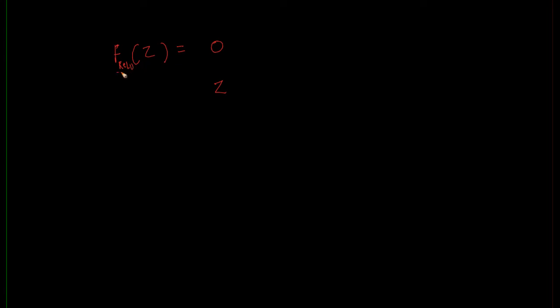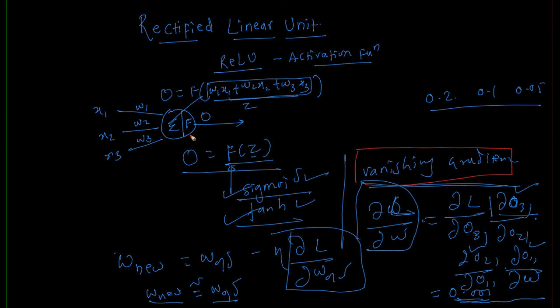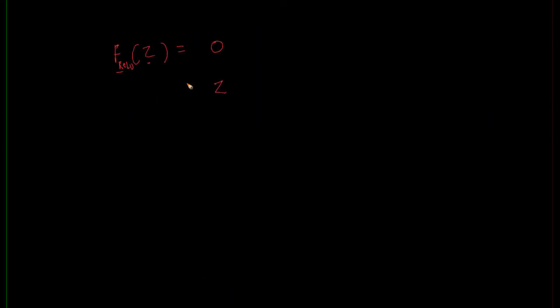When we apply ReLU on z, where z is nothing but this sum, we get only two values, either 0 or z. When will we get 0? When z is negative or 0.